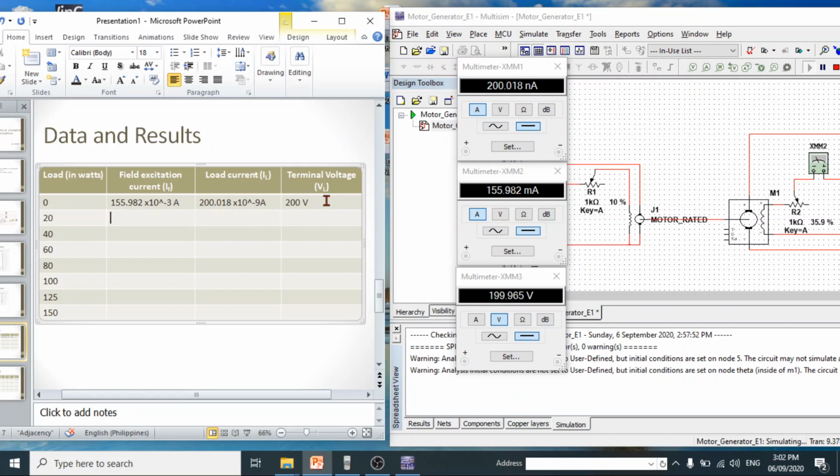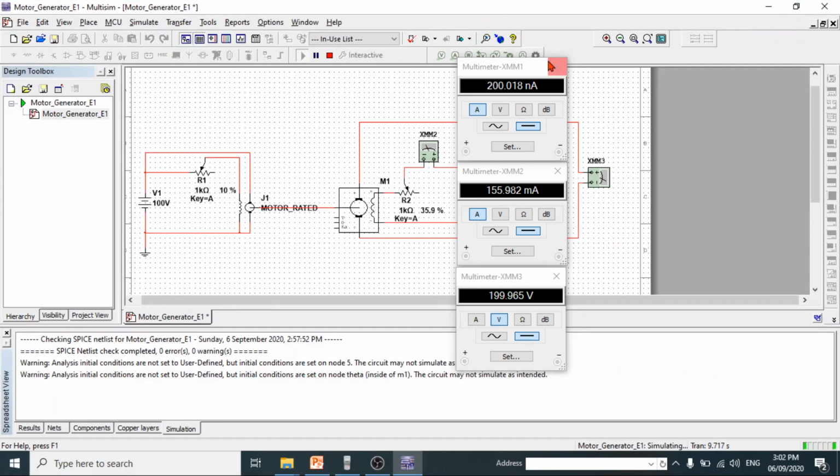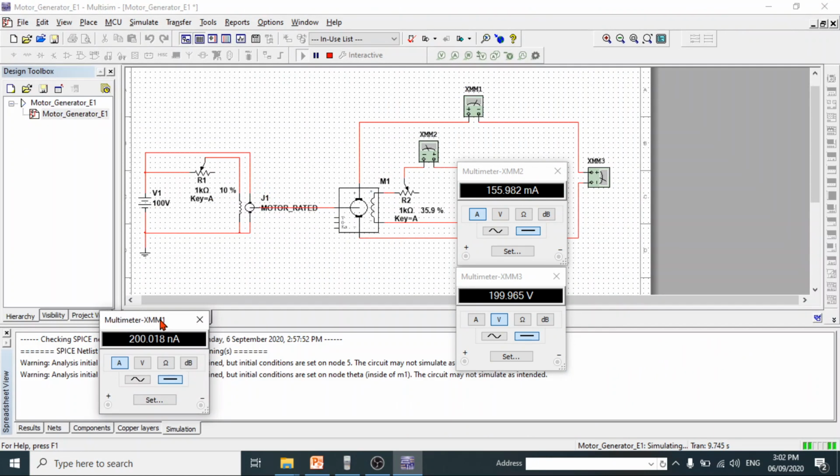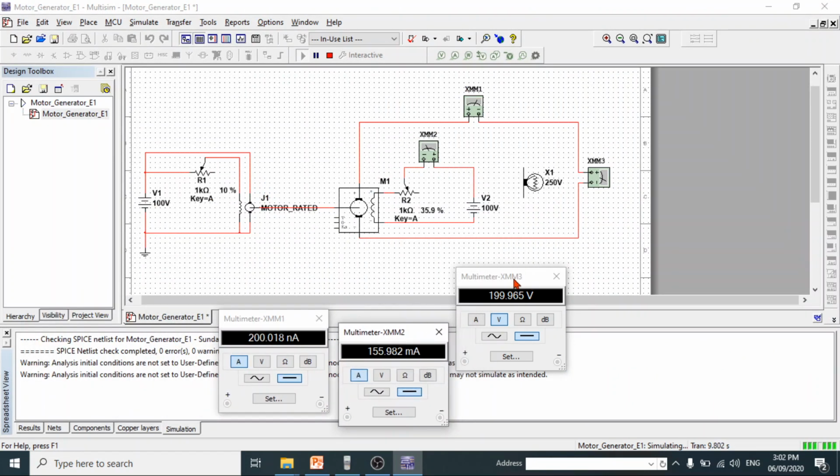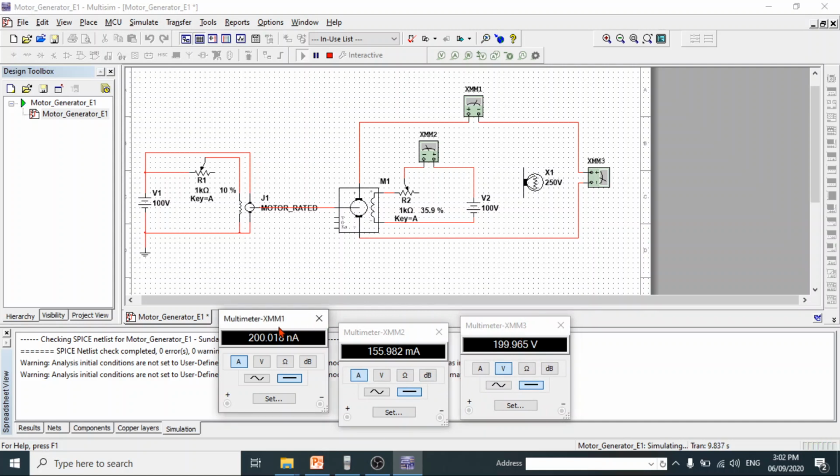Then next, the load wattage for the virtual lamp is set to 20 watts.